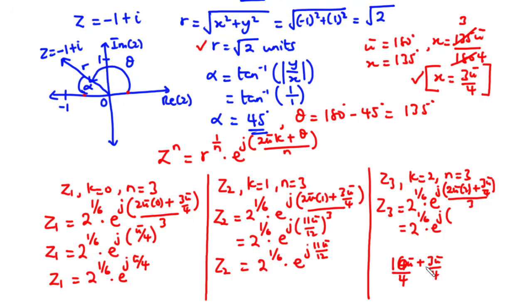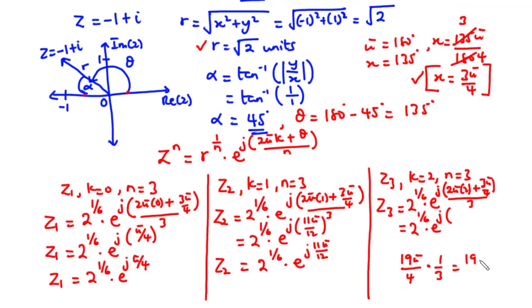So 16 pi plus 3 pi is 19 pi, so we have 19 pi divided by 4, divided by 3. That becomes 19 pi divided by 4 times 1 over 3.